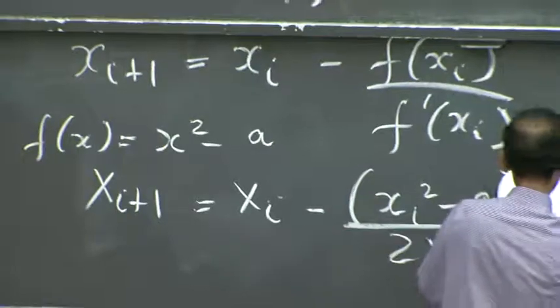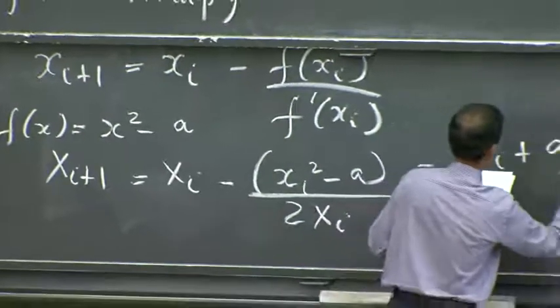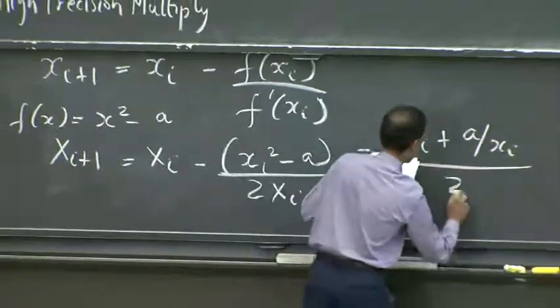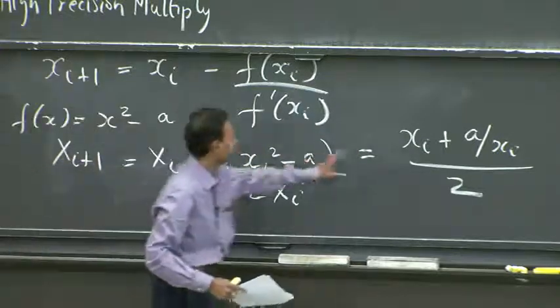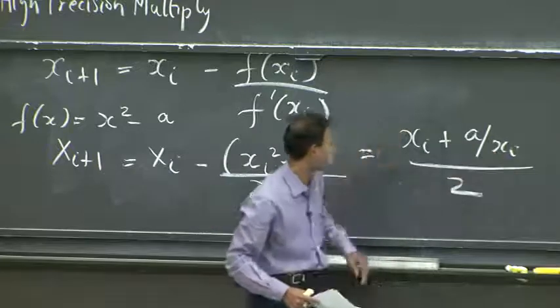And finally, you get this equation: xi plus 1 equals (xi plus a divided by xi) divided by 2. So it's fairly straightforward.